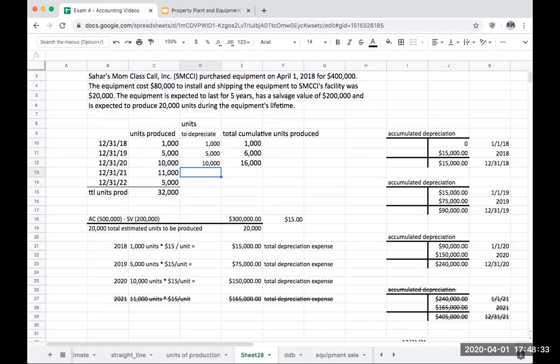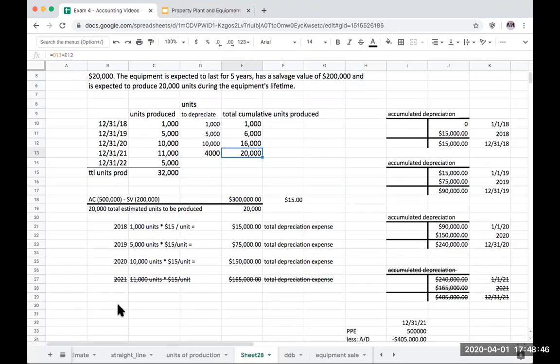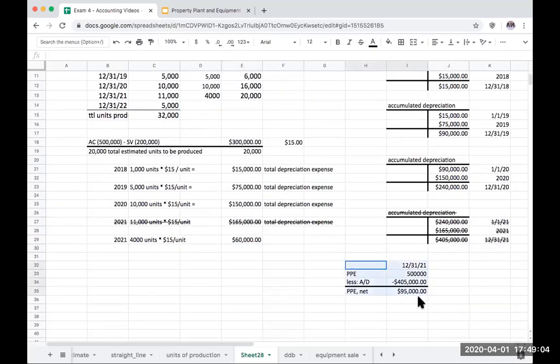In 2021, I'm only going to do 4,000 units because at that point in time, my cumulative number of units produced is now going to be at 20,000, which is the maximum I can go through and take. So for 2021, this is going to be 4,000 units at $15 per unit, for a total of $60,000. So let's take a look and do this the proper way.